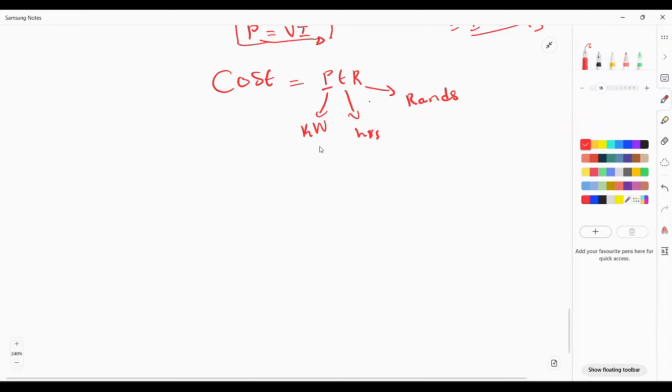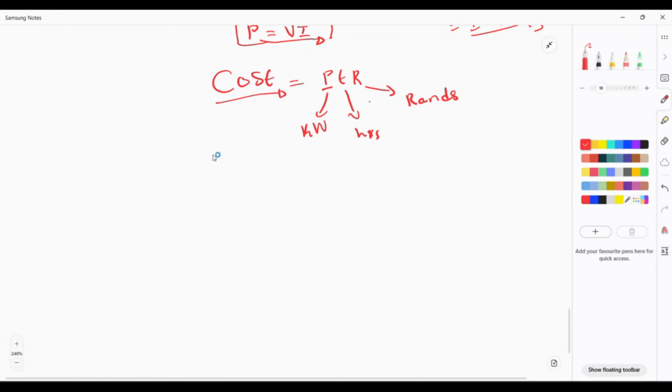Now let's say you are asked to find the cost. The first thing you do is find the power. The second thing you find is the time. Mostly your time might be given in minutes. If you are given the time in minutes, you have to convert it into hours, and you know how to convert it into hours, I guess.